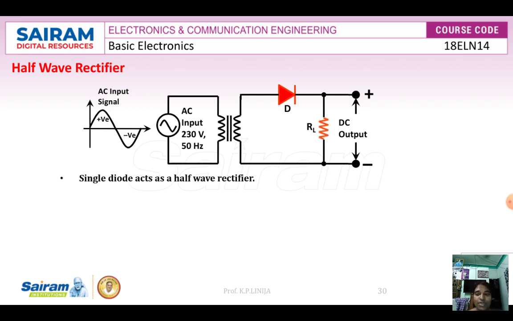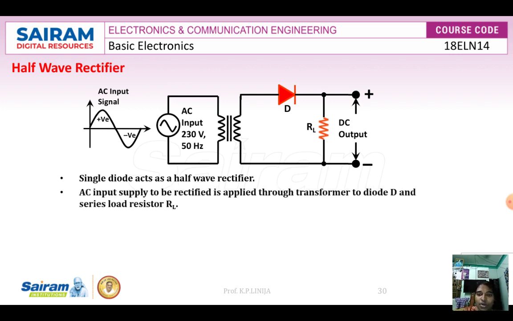Assume that the AC input is supplied to be rectified. Our purpose is to rectify the input supply. For that we apply this input through the transformer to diode D, which is connected in series with the load resistor RL.